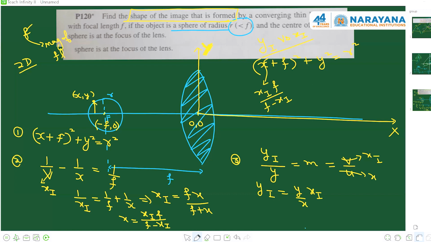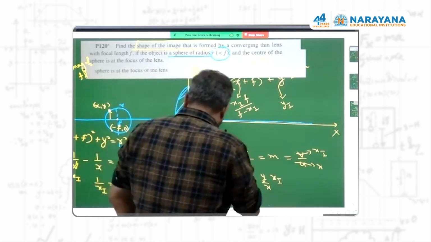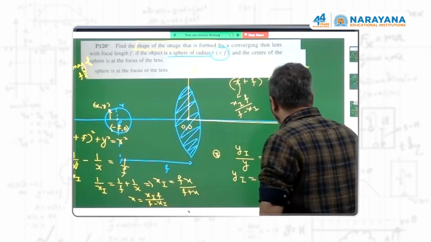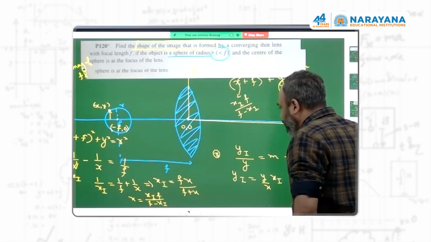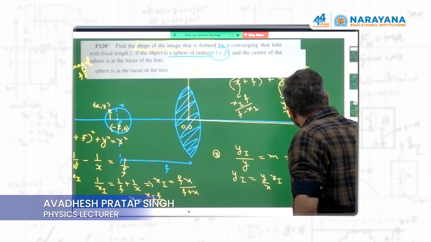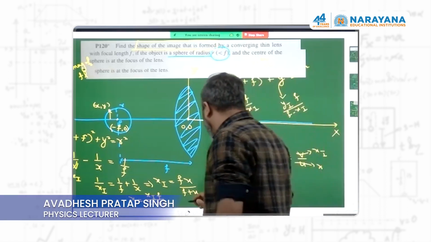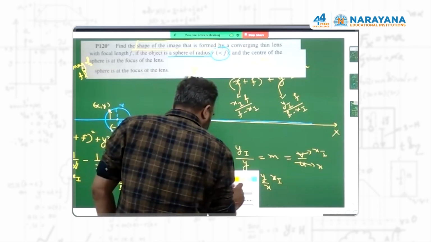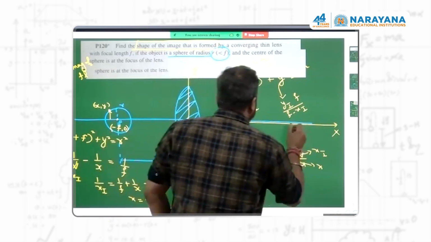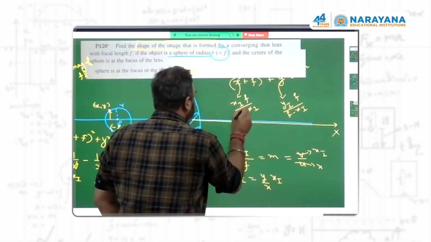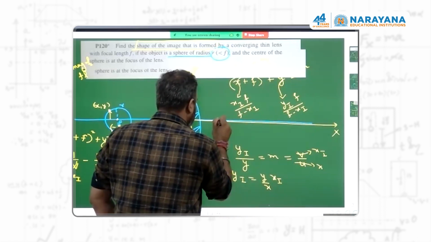Fine. So I'm trying to eliminate x and y. And as far as this y is concerned, now write it carefully. It has y image into x upon x image. Now that term x upon x image is f upon f minus x image. So practically, this equation tells me, I'll solve it completely.